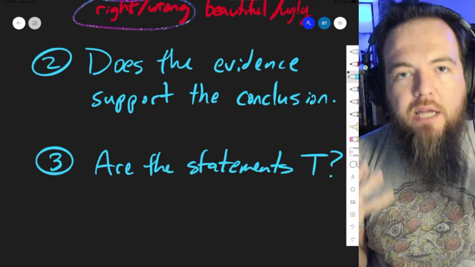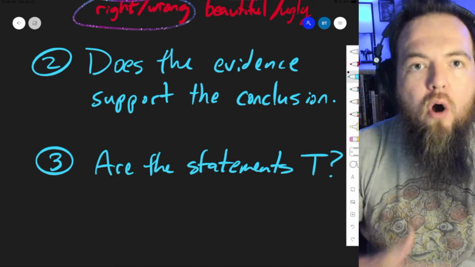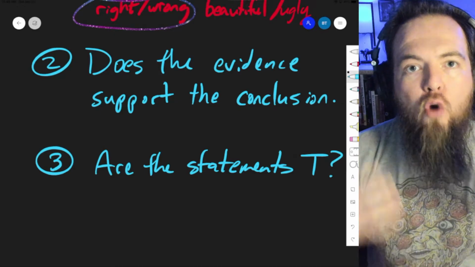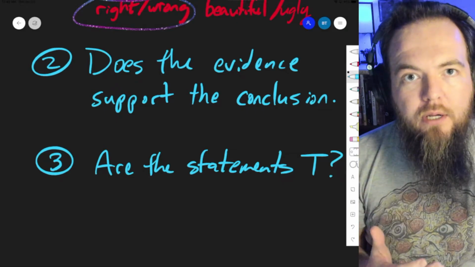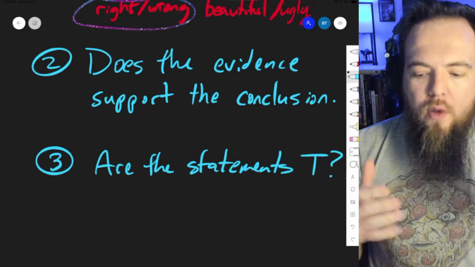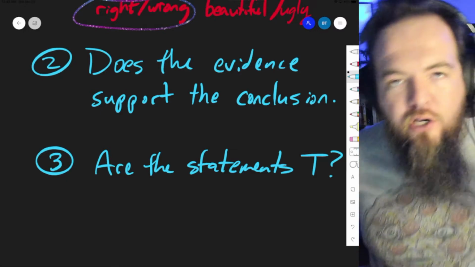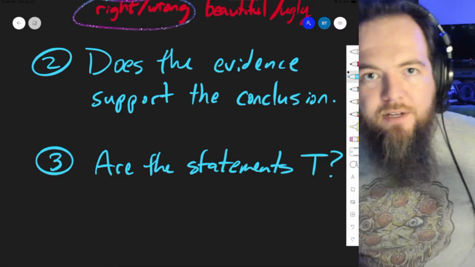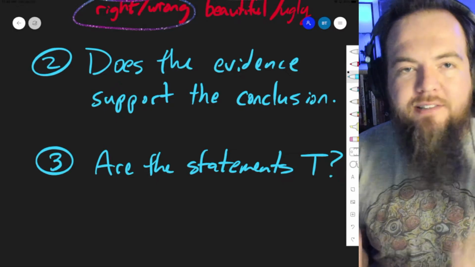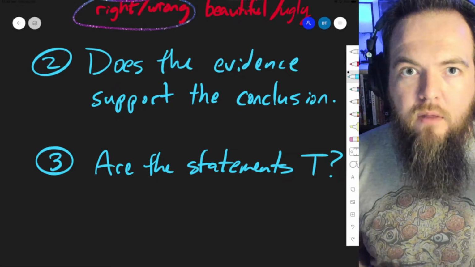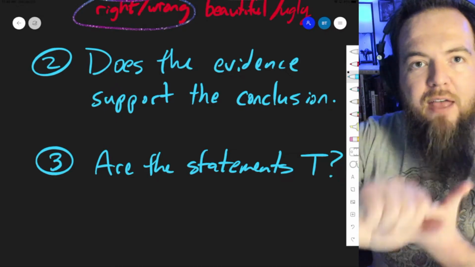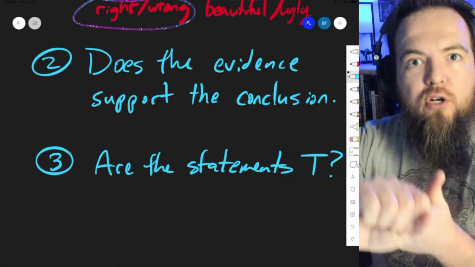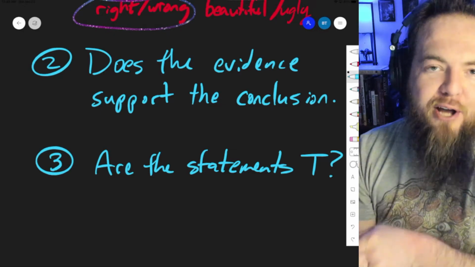Because in philosophy and in medical ethics, we're trying to give arguments, right? We're trying to say why it's the case that we're concluding what we're concluding, right? And so if there's not a good connection between the conclusion and the evidence, the argument isn't a very good one, okay? So if it fails to define terms, and then if it fails to connect its conclusion to all of the evidence, it's also not a good argument.